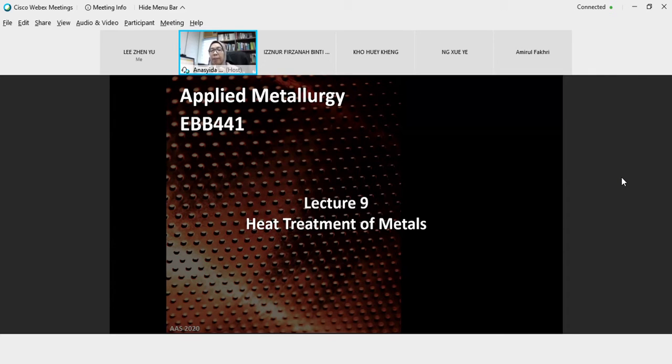You also have austempering, which is to form bainite. This one you can read. And we also have martempering. Martempering is a heat treatment that forms martensite, but with less distortion, because you allow the material to be quenched to above the start of martensite formation.